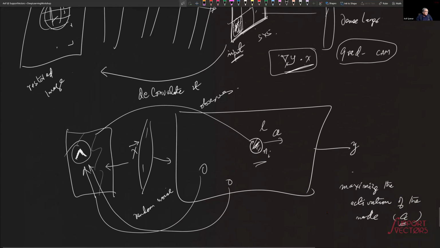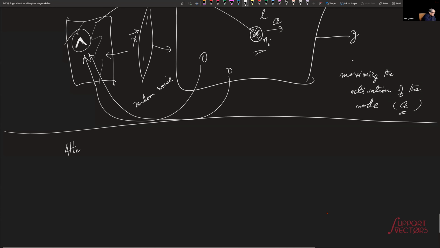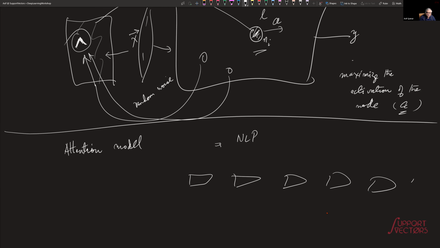Right? Now, the same thing, let me talk about attention. There's one more concept, attention models, which have been getting a lot of interest. Now, the same thing applies for NLP. So suppose you have a sentence, lots of words are there. And you say that this sentence is a positive sentiment.